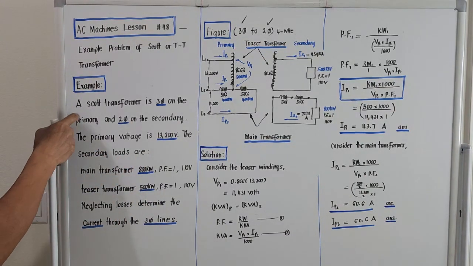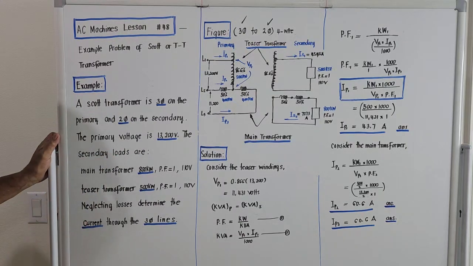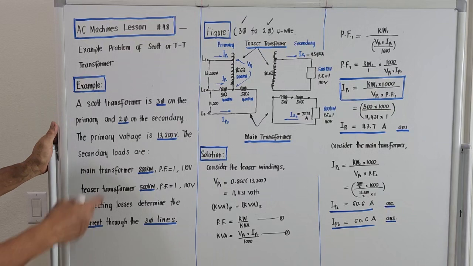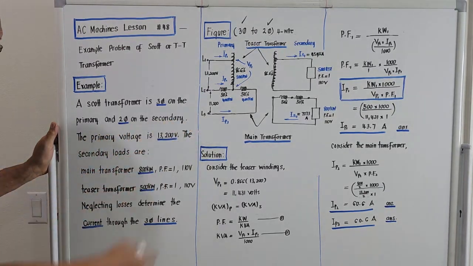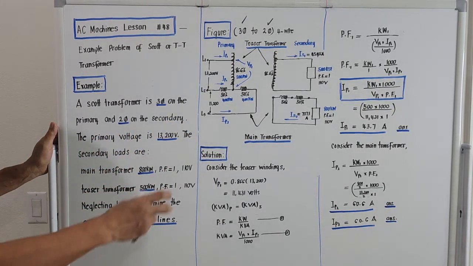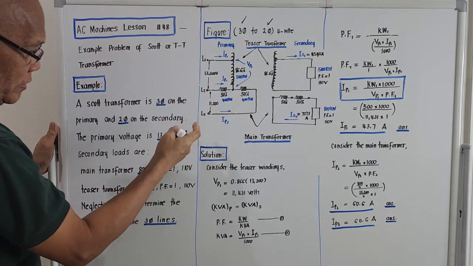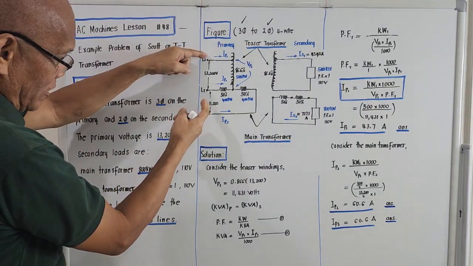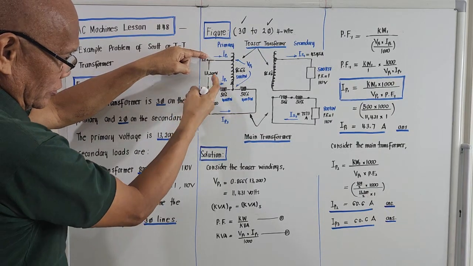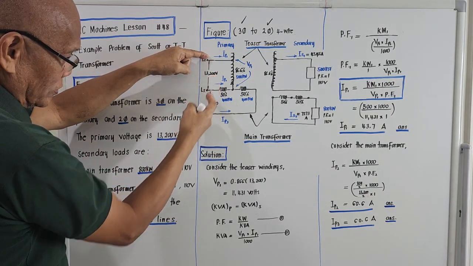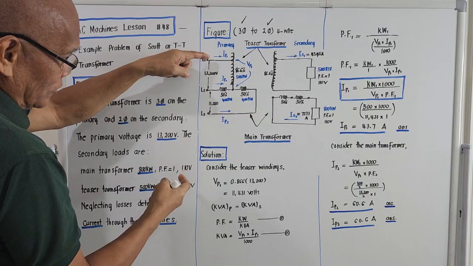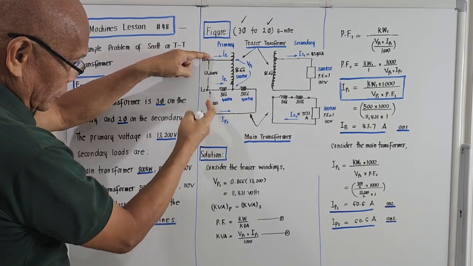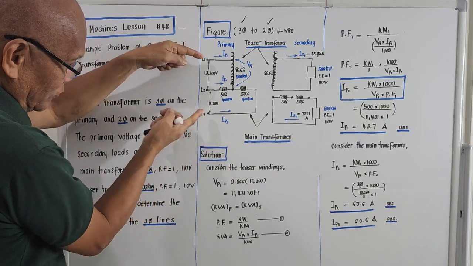A Scott transformer is three-phase on the primary and two-phase on the secondary. This is three-phase. If we measure the voltage across line 1 and line 2, it should be 13,200 volts. Between line 1 and line 3, it will still be 13,200 volts.